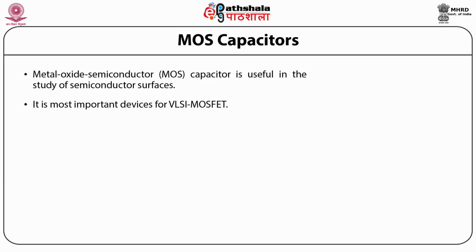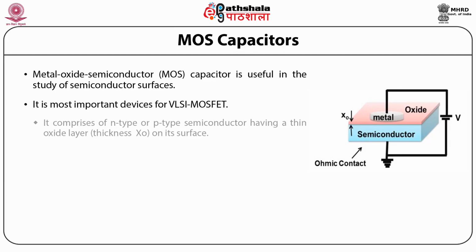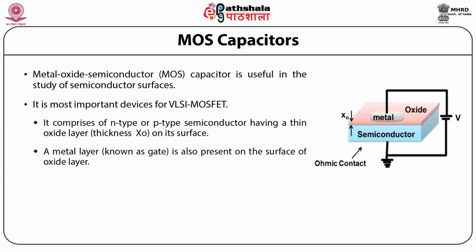It is clear from this figure that it comprises a semiconductor which may be N-type or P-type, having a thin oxide layer of thickness chi0 on its surface, and a metallic layer, known as the gate, is also present on the surface of this oxide layer.